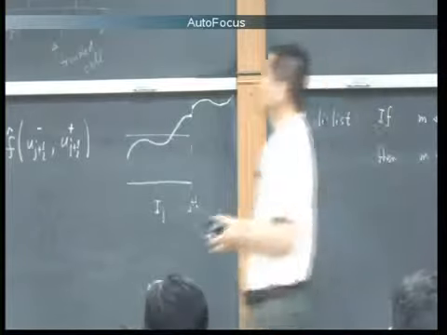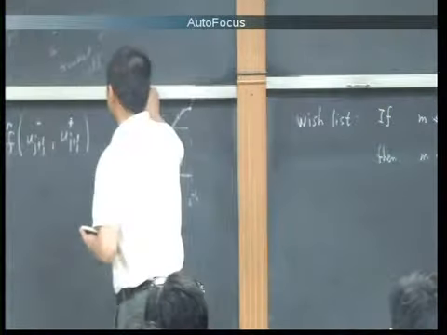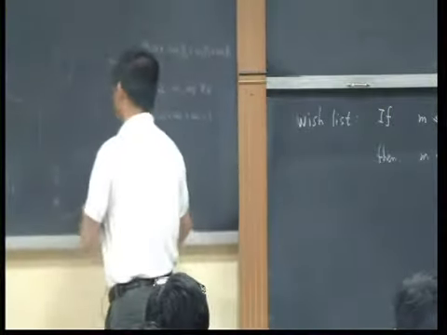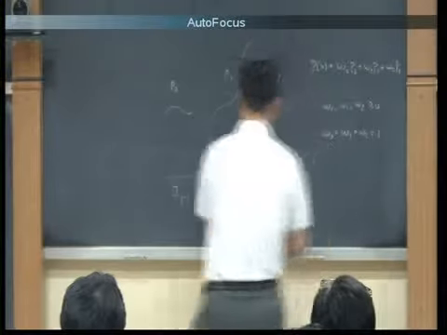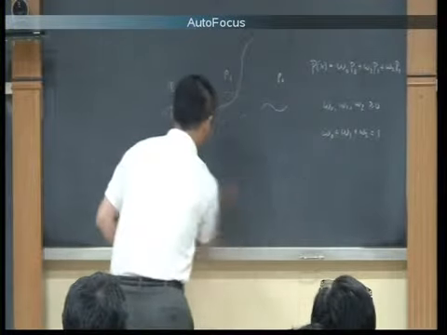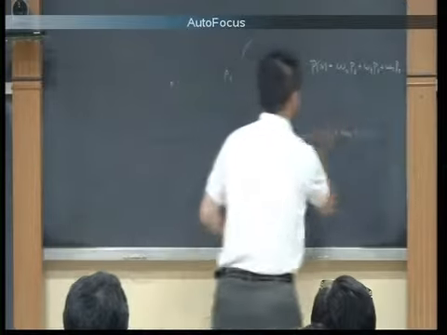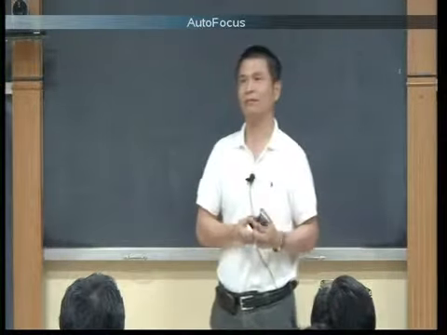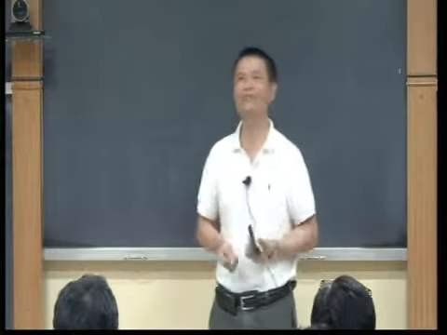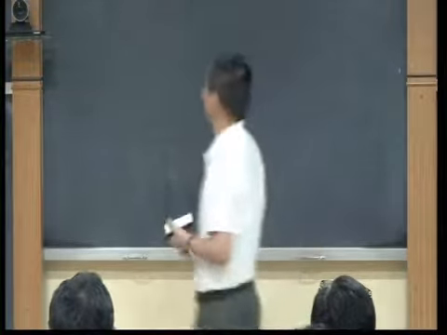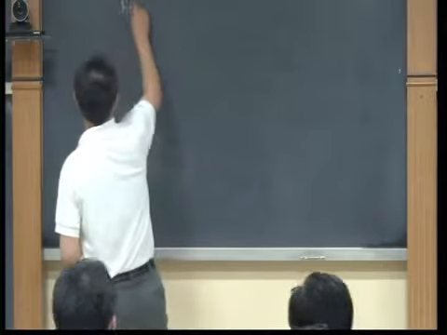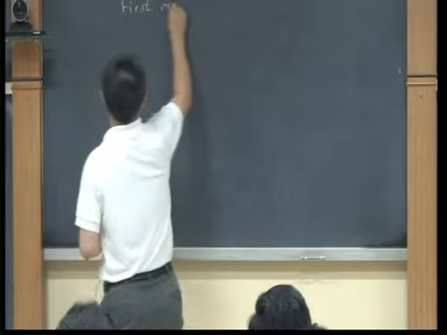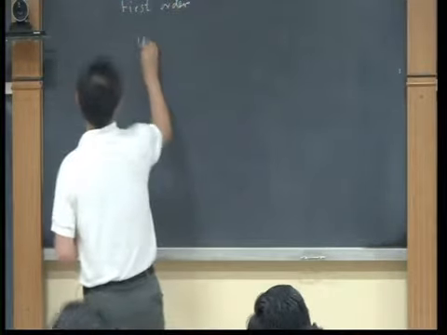Let's do this in several steps. The first step: when you do research, you always start from simple things, right? You don't want to jump. So what do you do? You first look at how to prove such a thing for first order. If you cannot even do that, then you won't be able to do the high order. So first, the first order scheme, I can write it down.